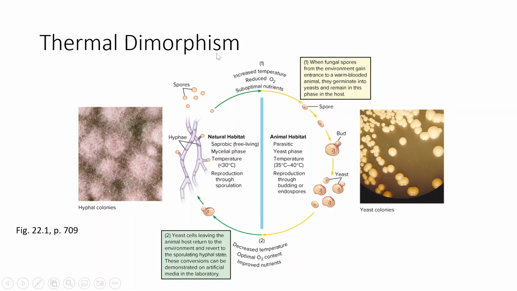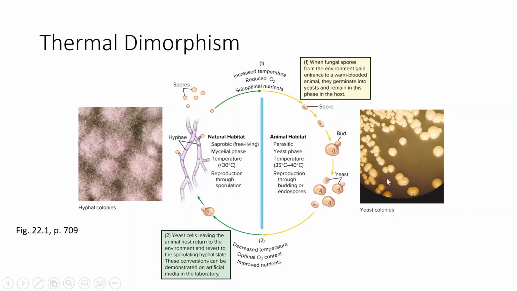Basically, once they enter the body, the temperature is greatly increased, oxygen is really reduced compared to the atmosphere, and there are fewer nutrients. So that spore will germinate and become a yeast, and this is how they will stay when in our bodies. In this yeast form they can form colonies and reproduce by making a bunch of endospores or through budding.